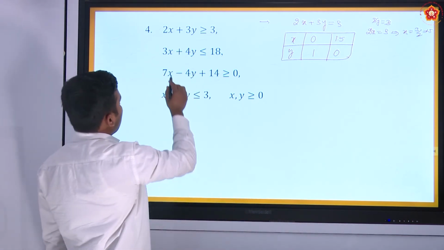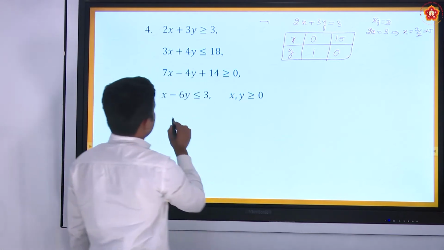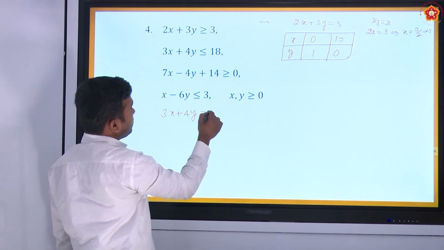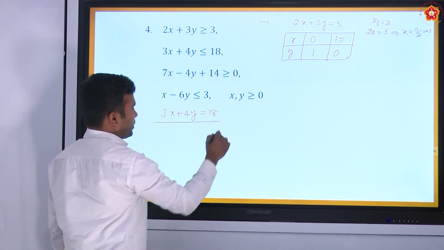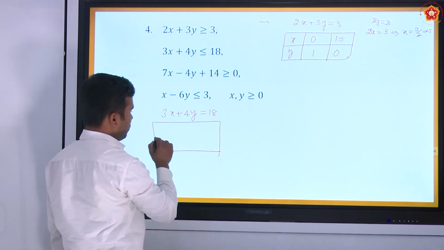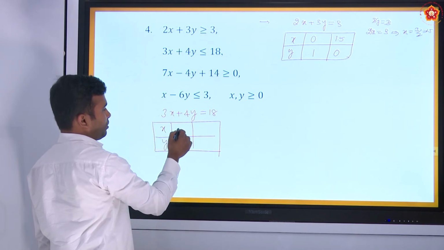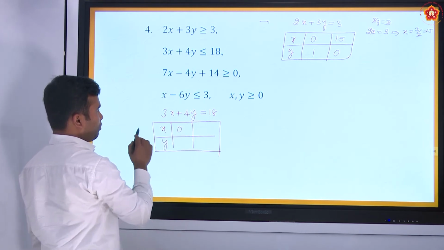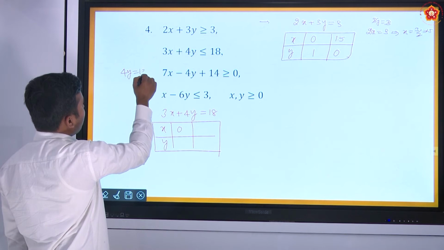Similarly, you take this inequality, that is 3x plus 4y, and I will equate that to 18. The same way you can do it here, that is put x equal to 0 and y equal to 0. If x equal to 0, you have 4y is equal to 18.